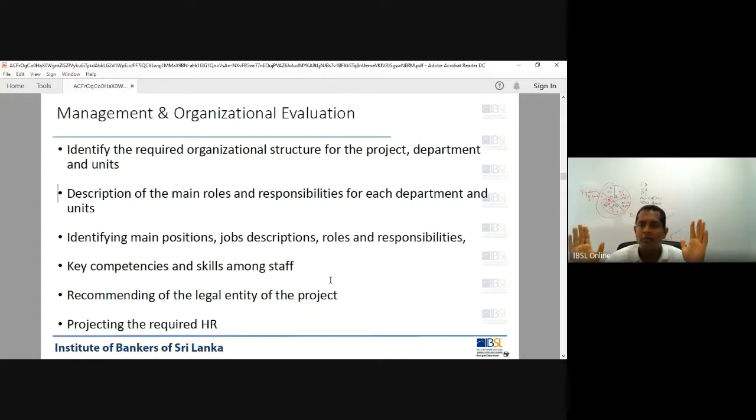It can be project based, or a matrix structure, or a hierarchical structure. Then different departments, main roles, managers and job descriptions have to be there. Administration department, what are their functions? Human resource department, what are their functions? Production unit, what are their functions?